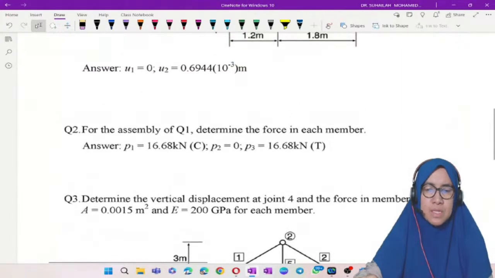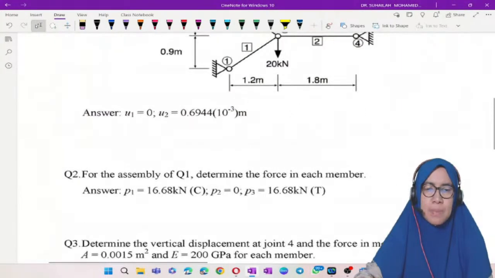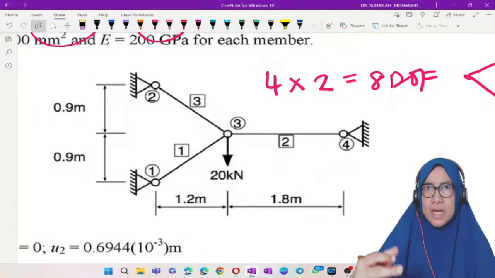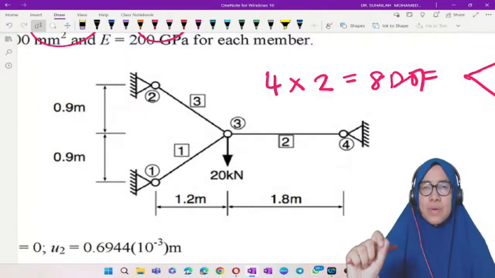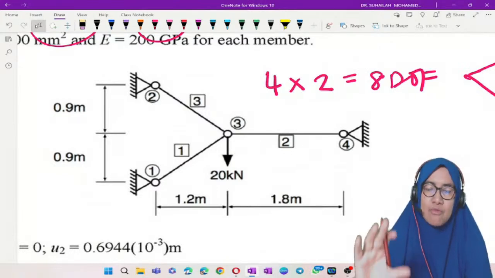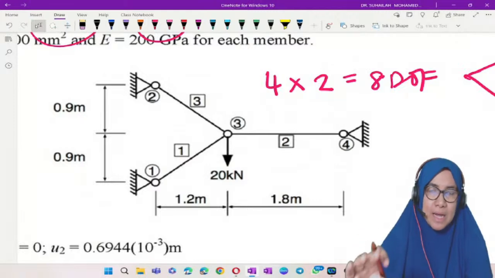Force in each member. So question 2 refers to question number 1 as well. So the first thing to do before we start the analysis is to make sure that there are 5 important things inside the diagram.